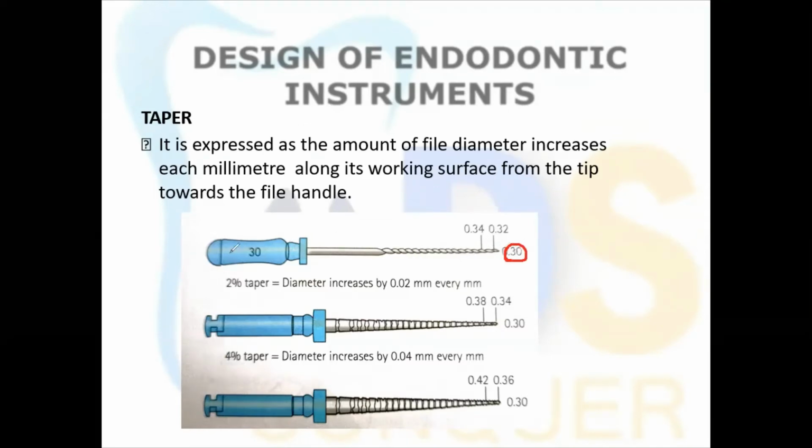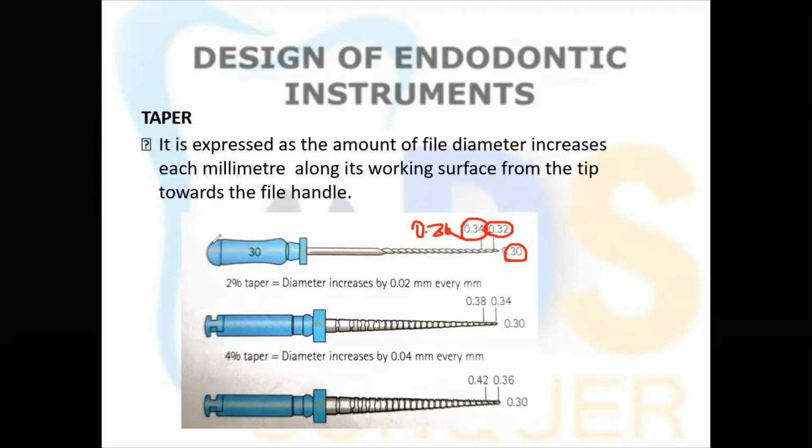If the instrument is of 2% taper, then for the number 30 file, the successive diameters will be 0.32 at 1 mm from the tip, 0.34 at 2 mm from the tip, and 0.36 at 3 mm from the tip.